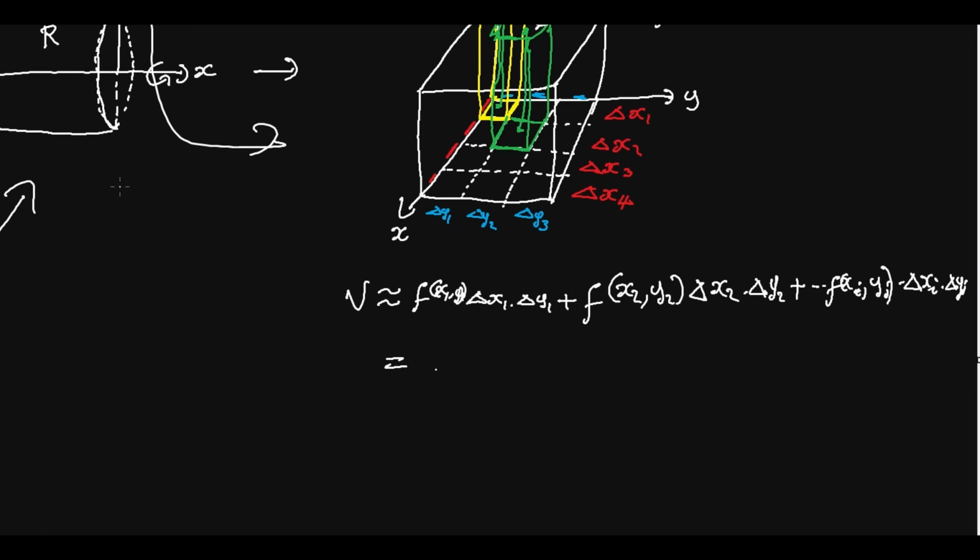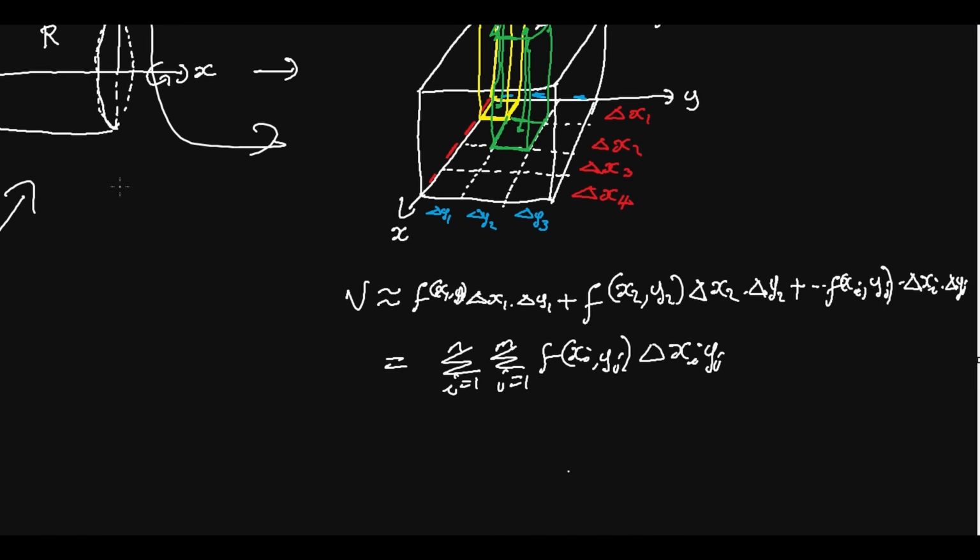There is of course a better way to write this. We have the sum from i equals 1 up to, say, n. You can see we have two summations here. There must be another summation, say j equals 1 up to say m. So we have f of xi, yj, delta xi, delta yj.